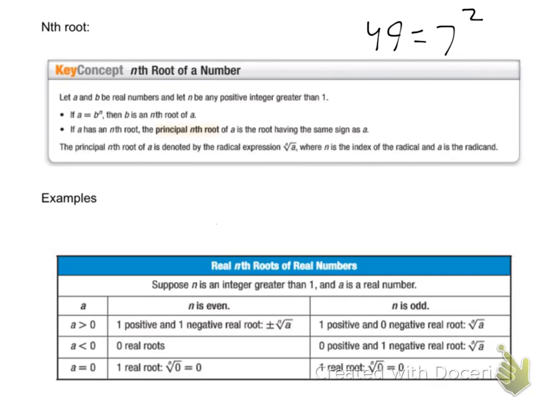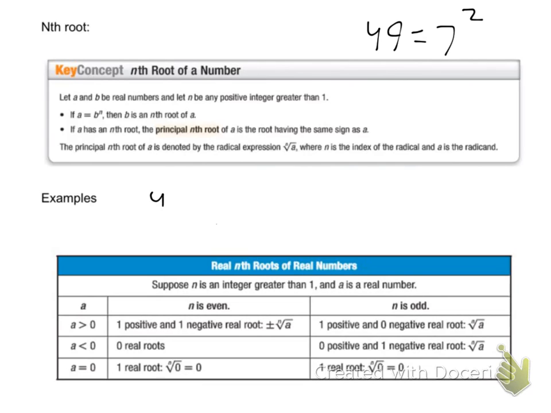That's positive 5. But you have to be careful, because when we solve equations, wouldn't you agree that negative 5 times negative 5 is also 25?